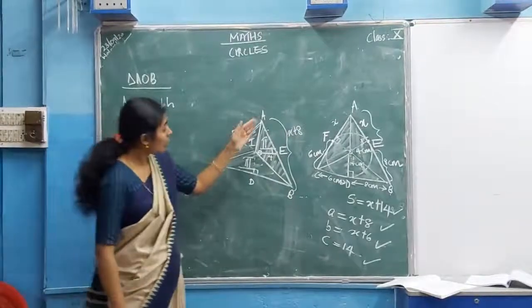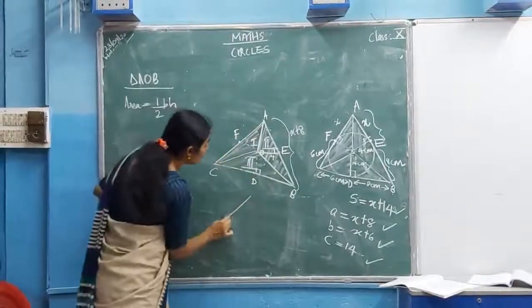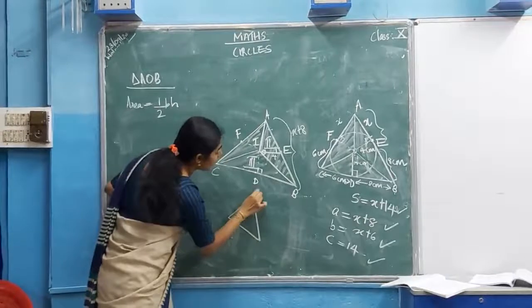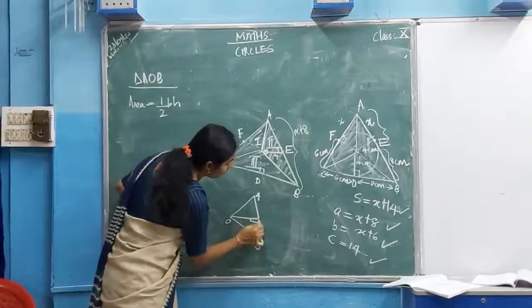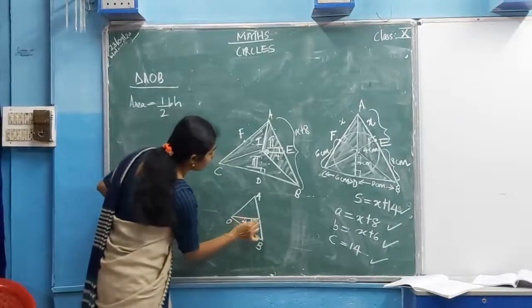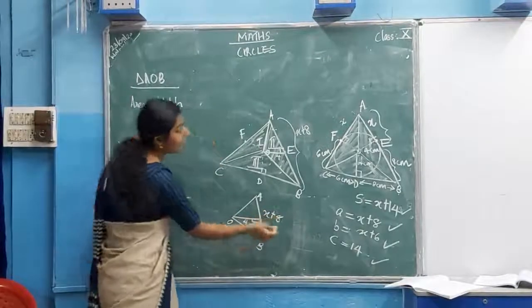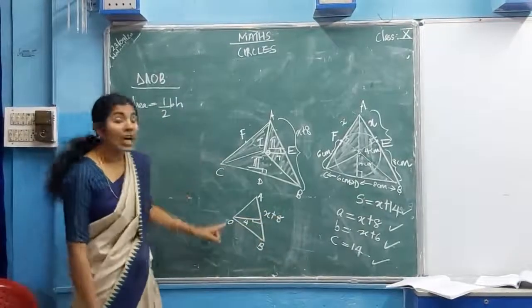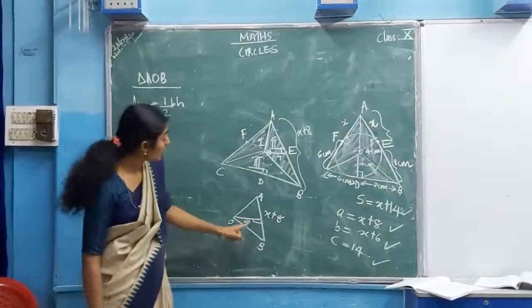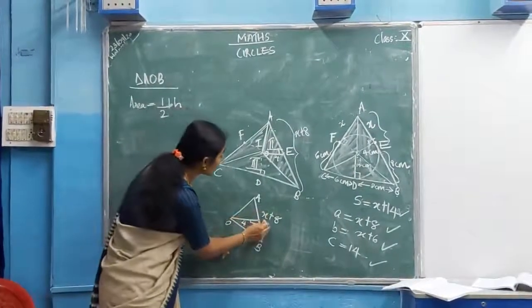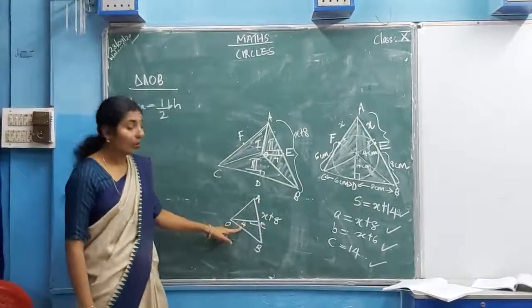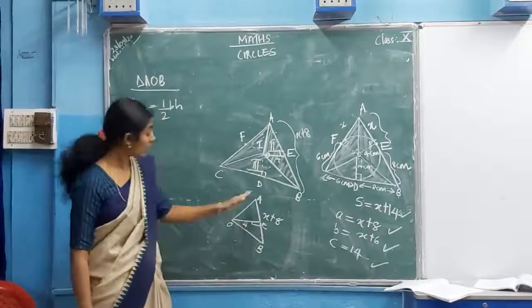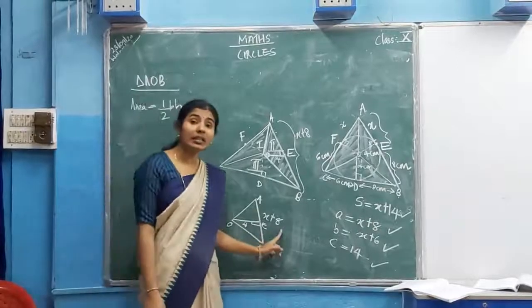Now when I consider triangle AOB, which is the altitude or height of this triangle? Height of this triangle is OE, given as 4 centimeter. What is the base of the triangle? AB, that is x plus 8.